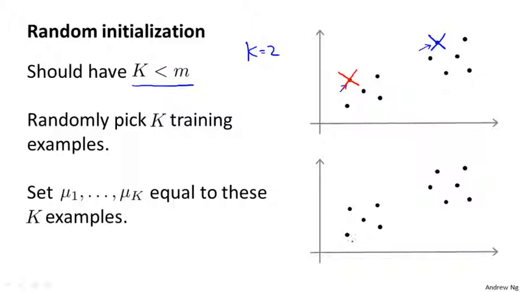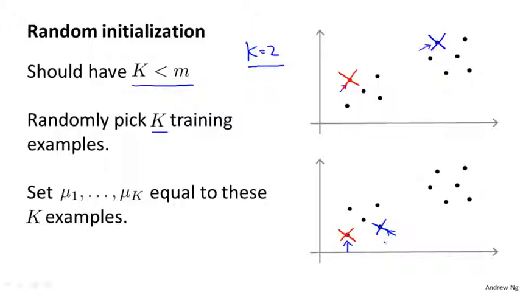Sometimes I might get less lucky, and maybe I'll end up picking that as my first randomly chosen example, and that as my second one. And here I'm picking 2 examples because k equals 2. So I'm going to randomly pick 2 training examples. And if I chose those 2, then I'll end up with maybe this as my first cluster centroid, and that as my second initial location of the cluster centroid.